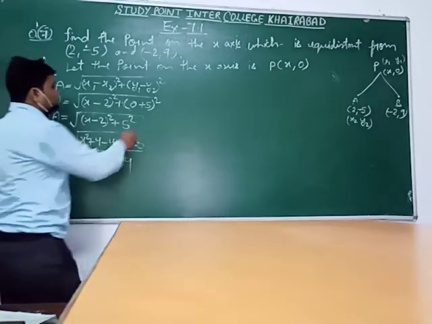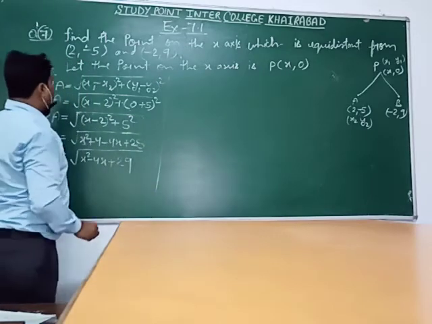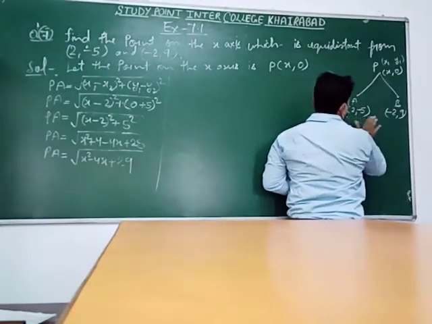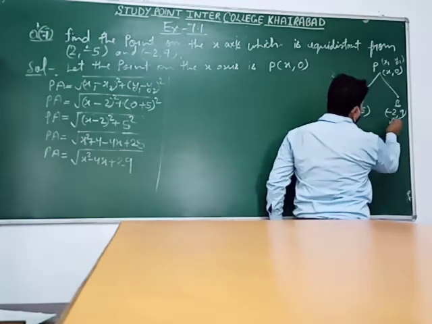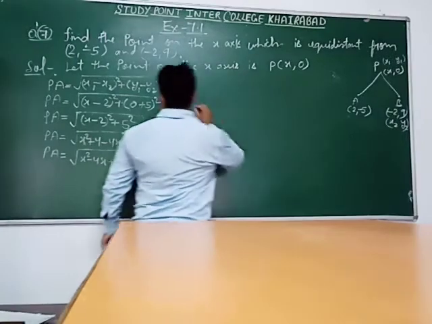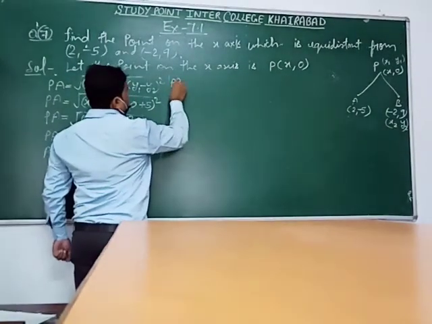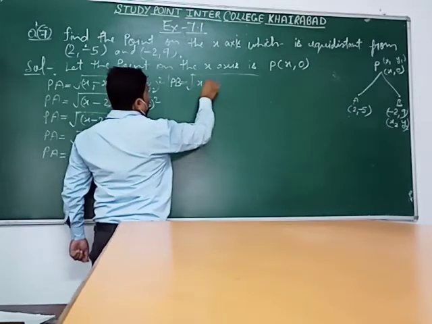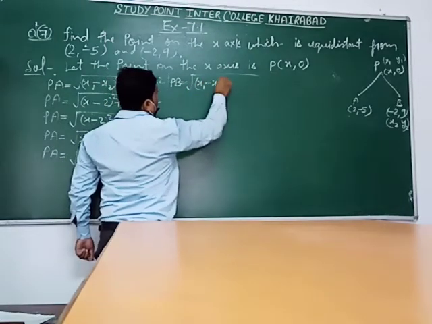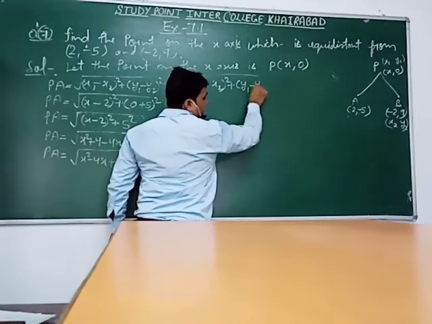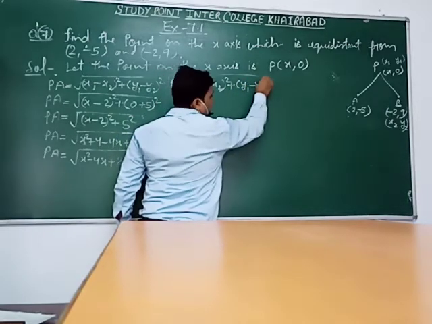Now find PB. Now this is x1, y1, and mark this one as x2, y2. PB equals the square root of (x1 minus x2) whole square plus (y1 minus y2) whole square.